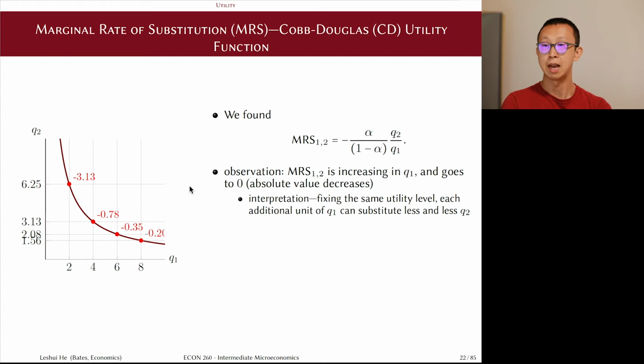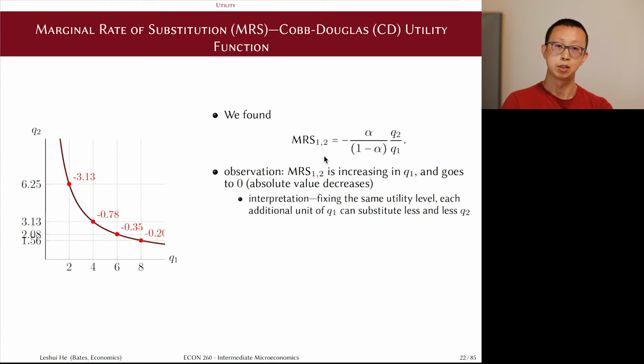And you see that it does not matter what kind of consumption bundle we're thinking about, which means that regardless of any q1 and q2 combination you have in mind, the MRS is going to be negative. And second of all, this is completely general for any Cobb-Douglas utility function. It doesn't matter what kind of alpha you have and what kind of bundle you have for q1 and q2, the slope of the indifference curve is always negative.